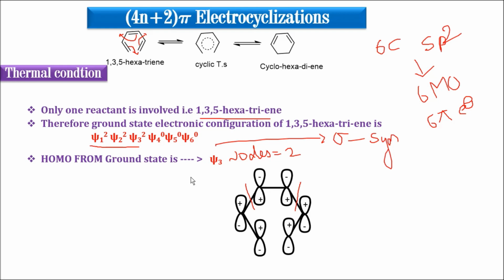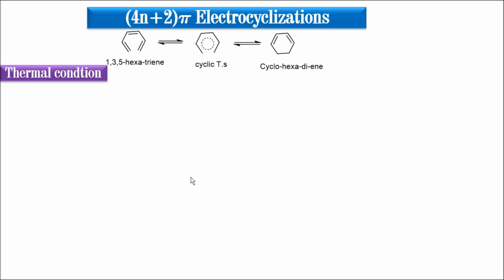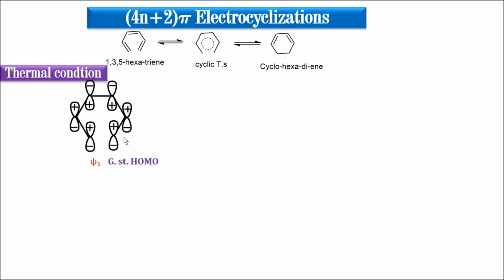Let's explain the condition. Under thermal condition, let's take the ground state HOMO. Here this orbital undergoes clockwise rotation, and this orbital is also undergoing clockwise rotation. That means the two orbitals are undergoing clockwise rotation, which is why it is called the conrotatory mode of rotation.